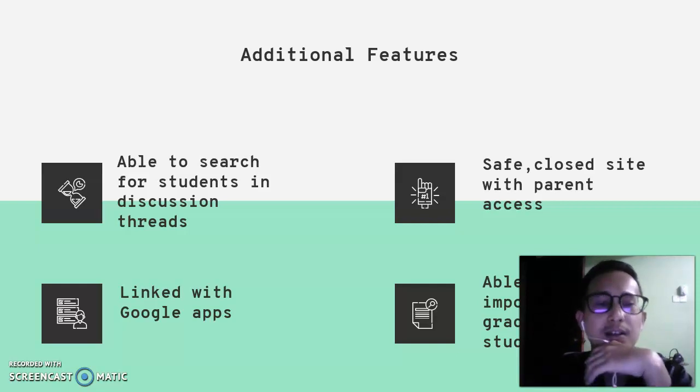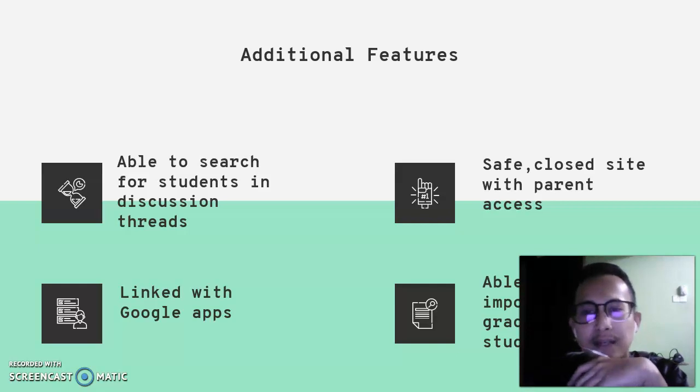So you can see which student has the most interaction, the most engagement, right? A safe closed site with parent access, and it also links with Google Apps, because almost everyone I know uses Google, or at least they have knowledge about Google, I suppose.